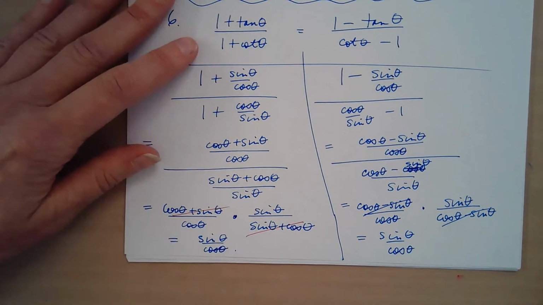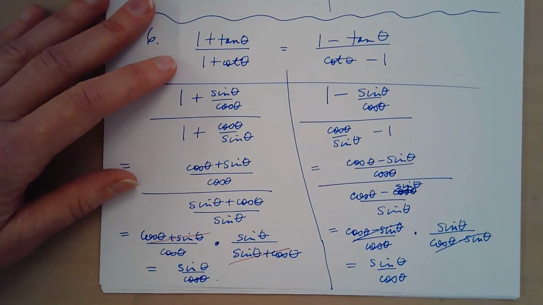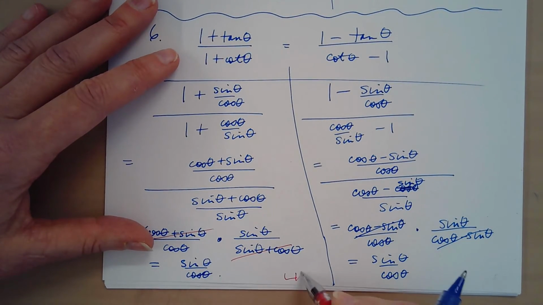So your job is to prove left-hand side equals right-hand side any way you want, right? So left-hand side equals right-hand side.